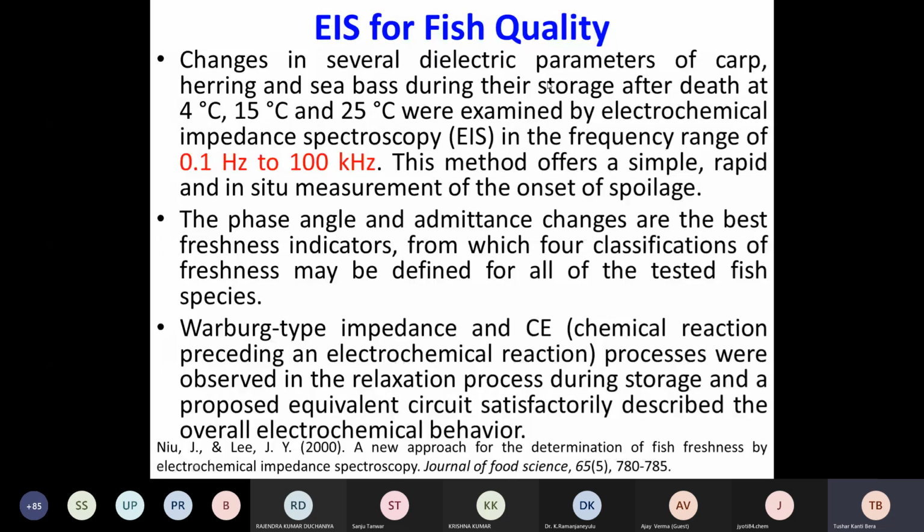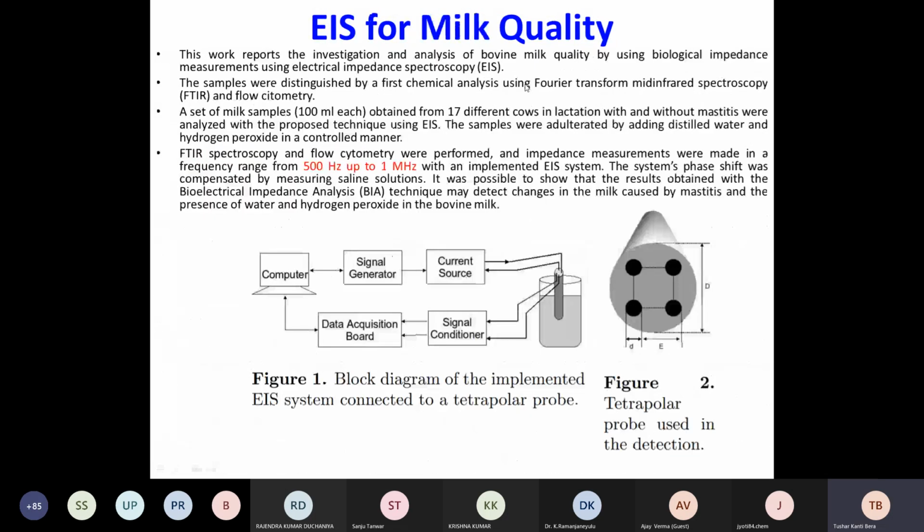So fish quality is also studied, milk quality is also studied, and ham meat quality can be detected with the needle electrodes. It will be minimally invasive, so a little bit will be inserted inside.